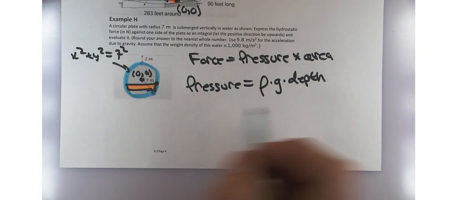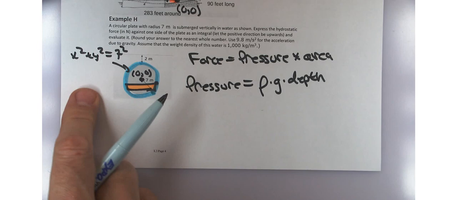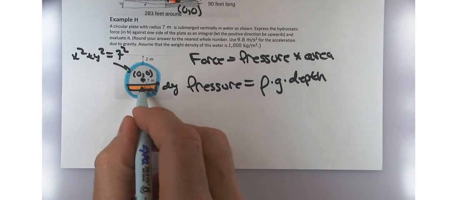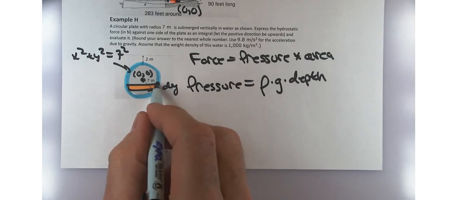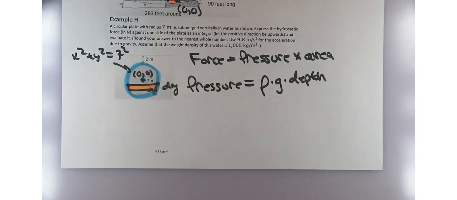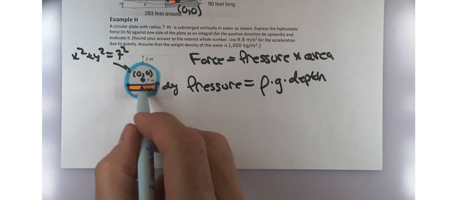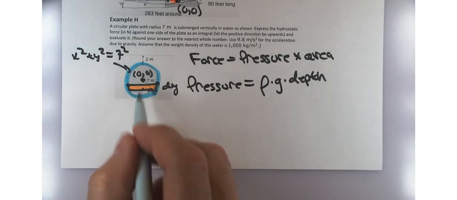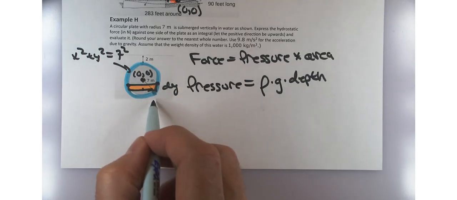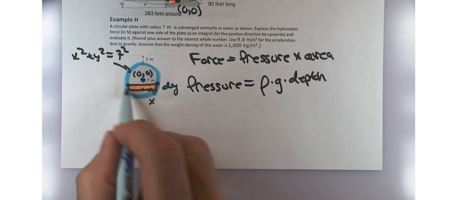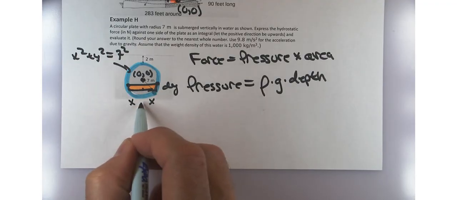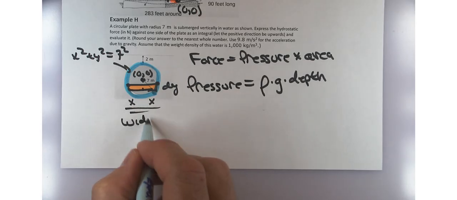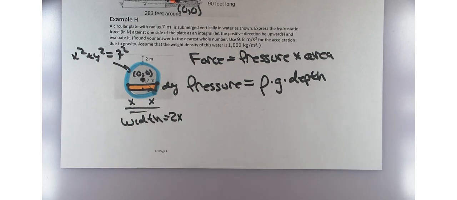All right, good enough there. This is going to be dy. This distance here is going to be a little bit tricky. If you're starting out from some center point along the y-axis, then this distance is going to be x, and this distance is going to be x. In other words, the width is going to be 2x.